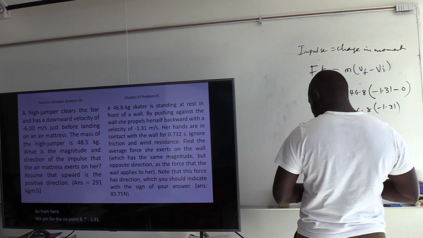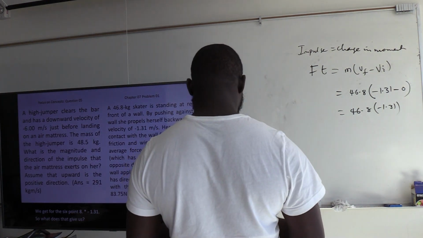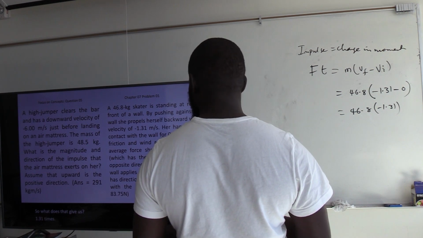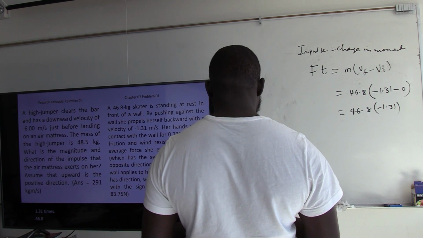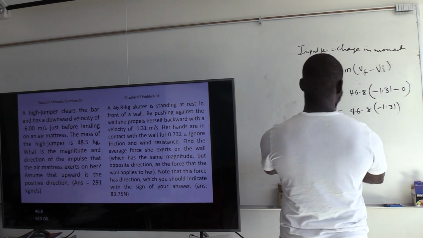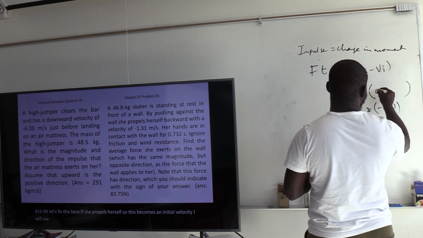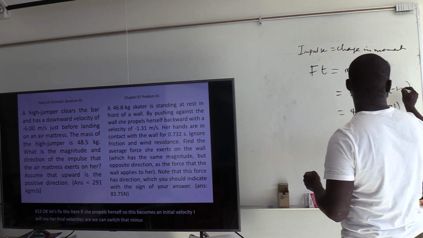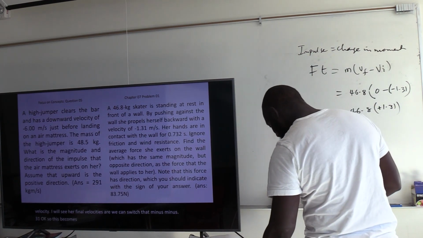So what does that give us? 61.308. Okay, let's fix this here. If she propels herself, this becomes her initial velocity, and we'll say her final velocity is 0. We can switch that: minus the initial velocity 1.31. So this becomes plus.